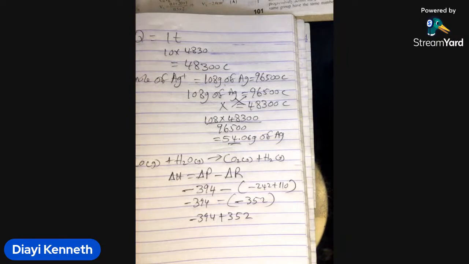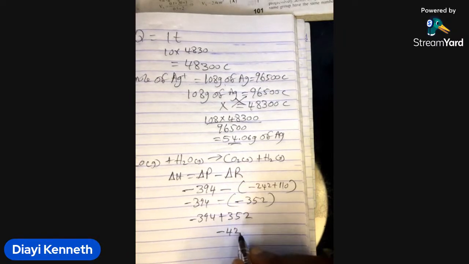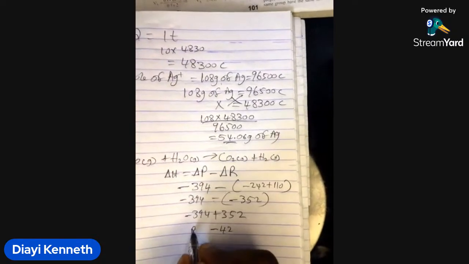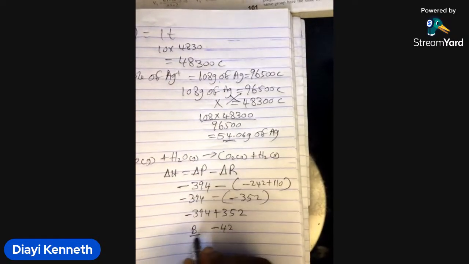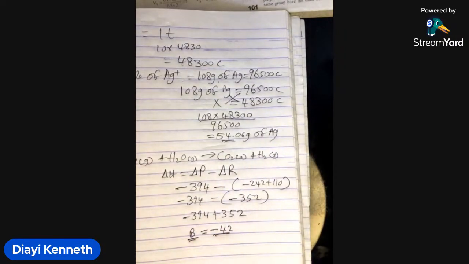Now 394 minus 352, so our answer from here is minus 42. So the correct option for number 17 is B. B is the correct option to number 17.